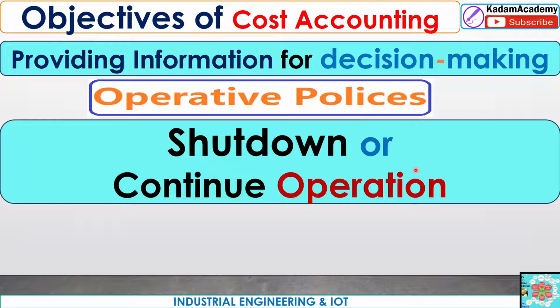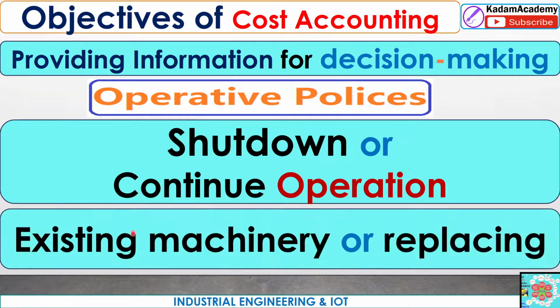During a loss period we can shut down or continue the operations, or we can continue with the existing machinery or replace it with improved economical machines. That may be a decision taken by the management for operative policies.